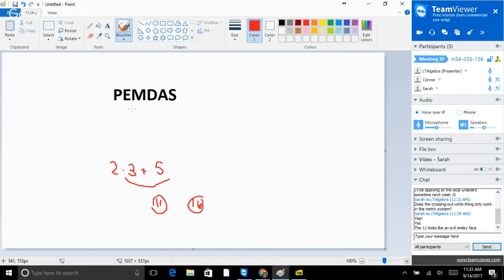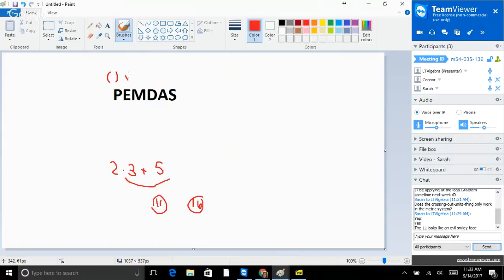The P in PEMDAS stands for parentheses. Whenever we have a math problem and something in parentheses, we have to do the parentheses first. Always, always, always. They get priority over everything else. Then the E stands for exponents.